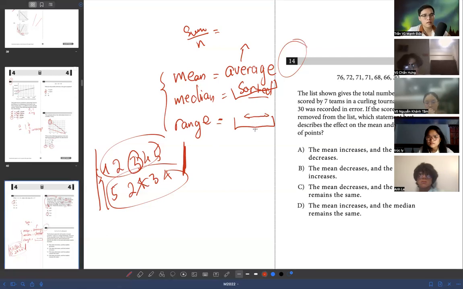No, it's not really plus 1. You're just going to need max minus min. That's it. Don't need to plus 1. The plus 1 is actually for the number of numbers.